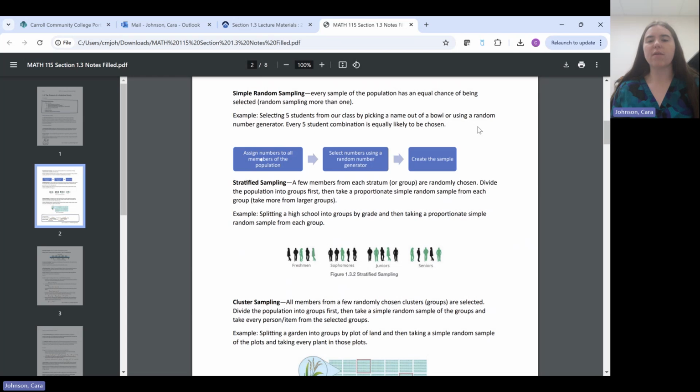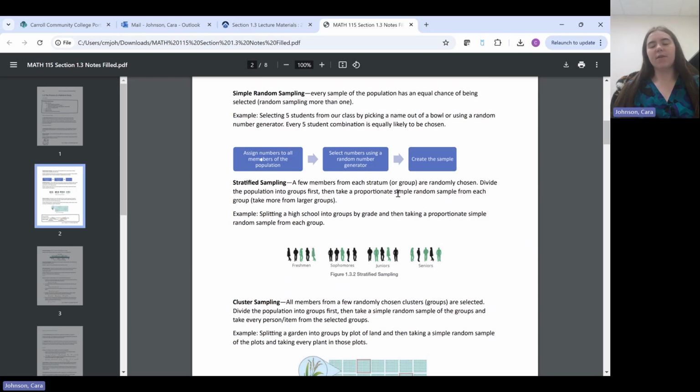In that situation, every 5 student combination should be equally likely to be chosen because everybody's equally likely to be chosen in the population. So that is an example of a simple random sample. That is the most ideal. It's completely random, no bias involved, but that is normally not practical in reality. But simple random sampling is the most ideal type of sampling.